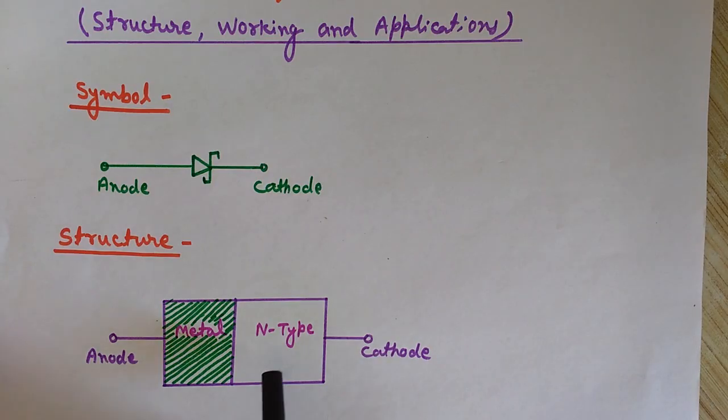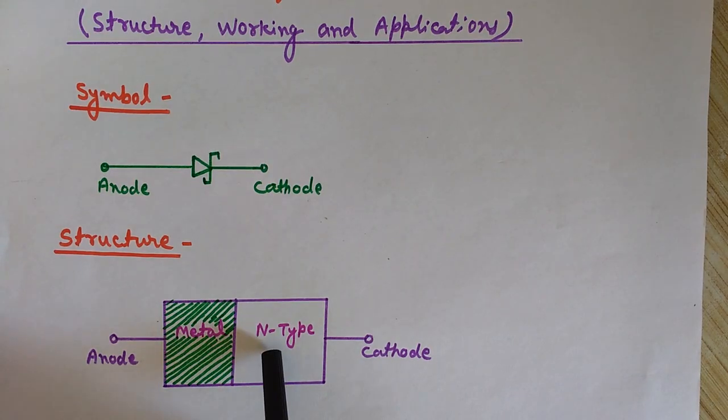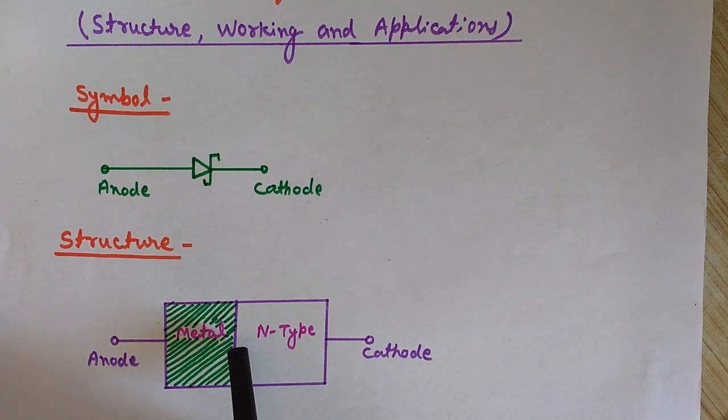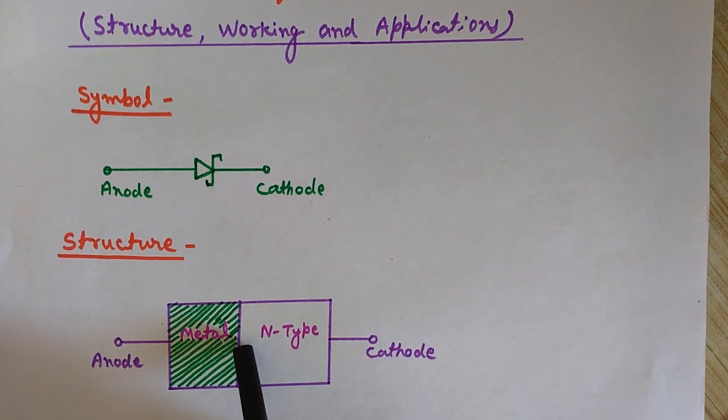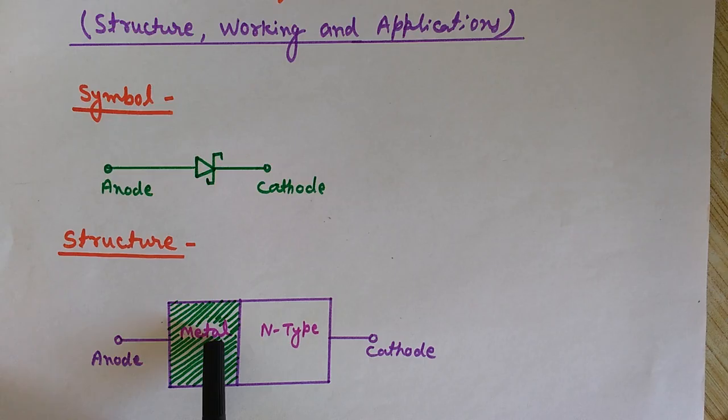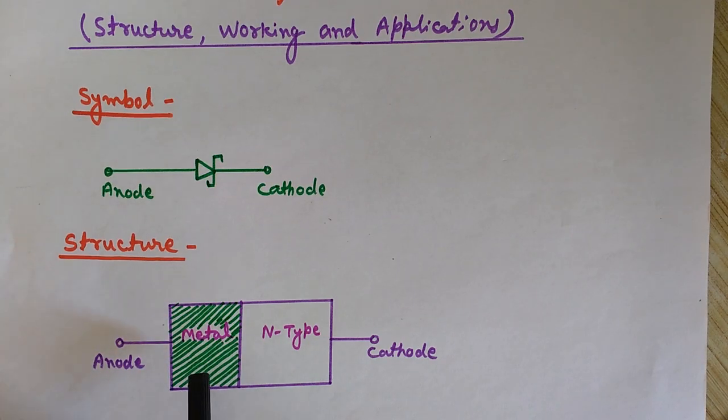But in case of a Schottky diode, one side is metal and the other side is N type. So there is no depletion region. The problem was the storage of charge in the depletion region. Since the depletion region is absent, this problem is also not present, because there is no P side for the depletion region to form.